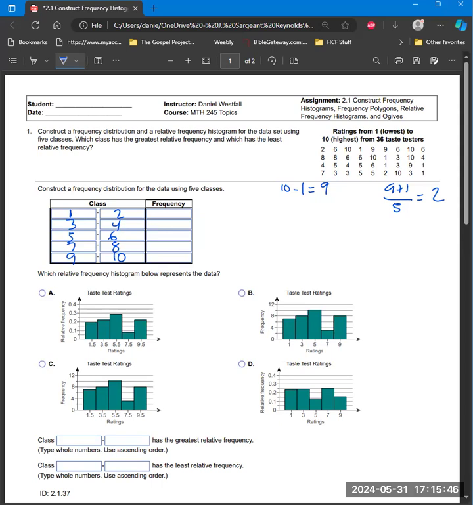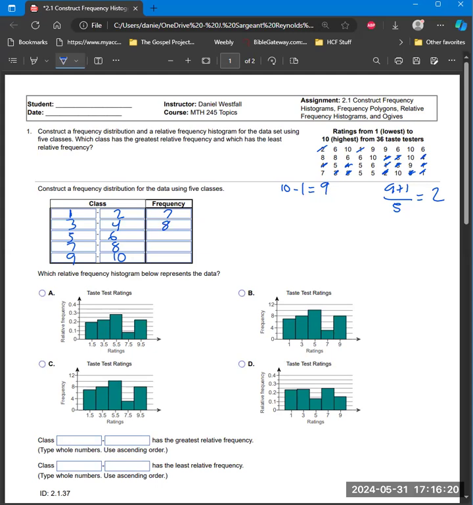And then how many do we have that are 1s and 2s? 1, 2, 3, 4, 5, 6, 7. And then how many do we have that are 3s and 4s? 1, 2, 3, 4, 5, 6, 7, 8.